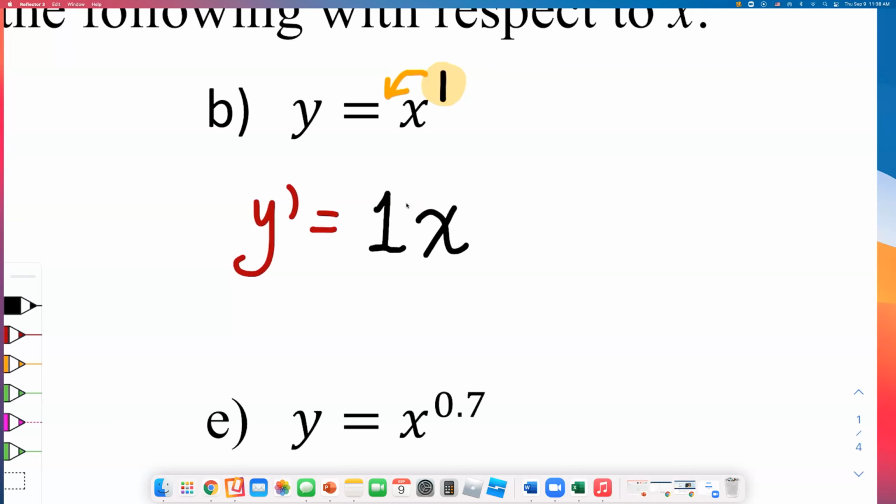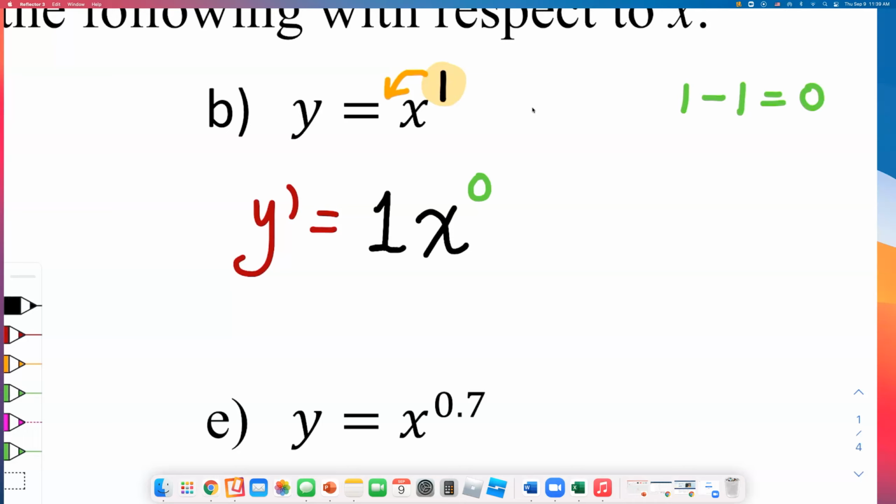But now, remember to subtract 1 from the original exponent. So what is 1 minus 1? 1 minus 1 will give us 0. So x now has an exponent of 0. What is anything to the 0 power? It's not 0. I always get my husband with that question.